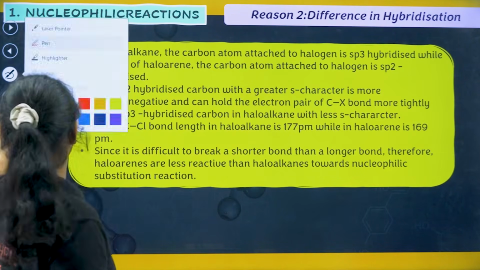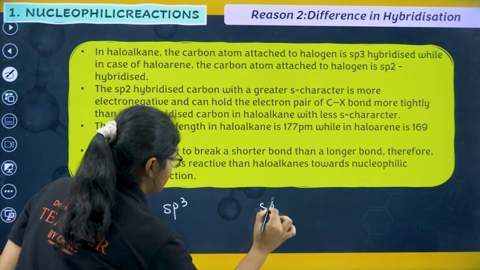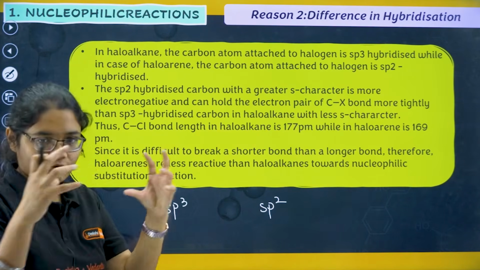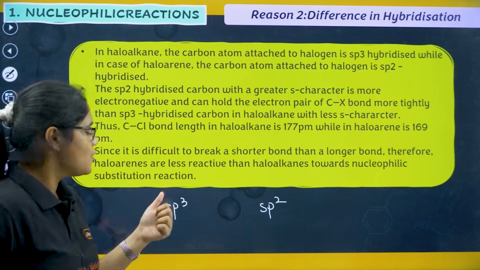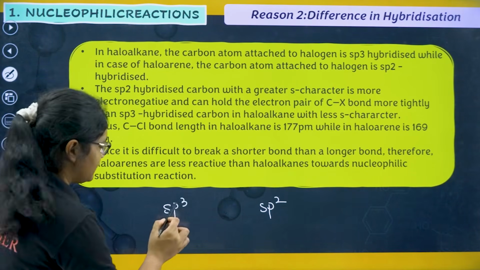Now let's see, if I have sp3 and you have sp2, what is the percentage of s in this hybrid orbital? There are total 4 orbitals, 3 p and 1 s.